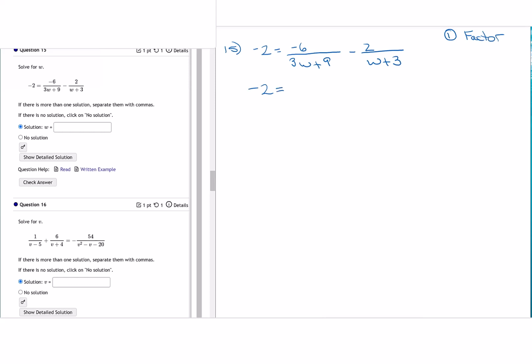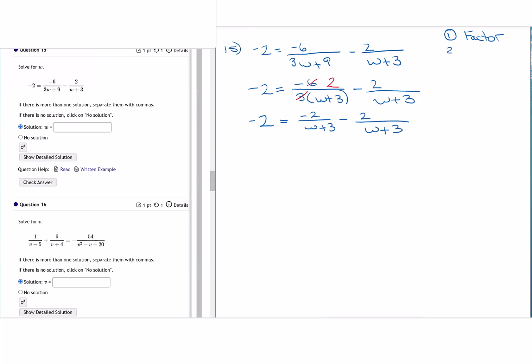Negative 2 equals negative 6 divided by 3W plus 9 is 3 times W plus 3, minus 2 over W plus 3. I can simplify 6 over 3 to 2. Therefore, I get negative 2 over W plus 3 minus 2 over W plus 3.